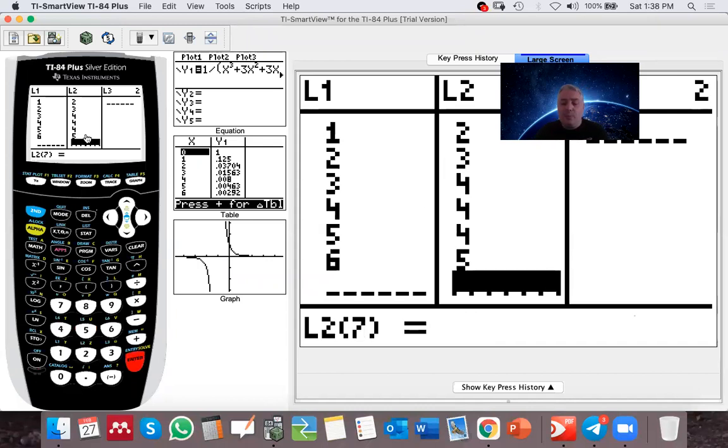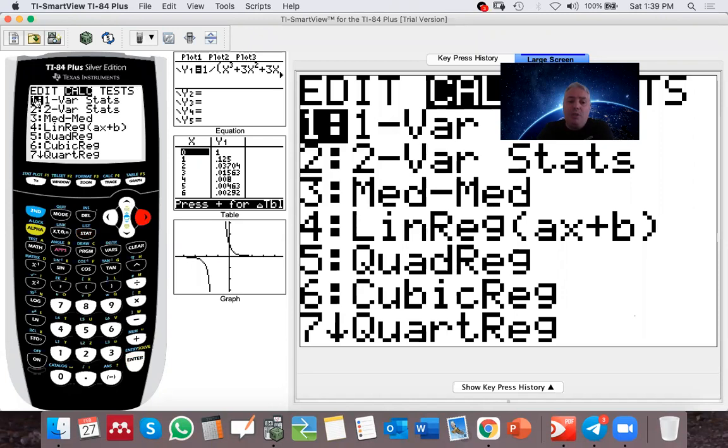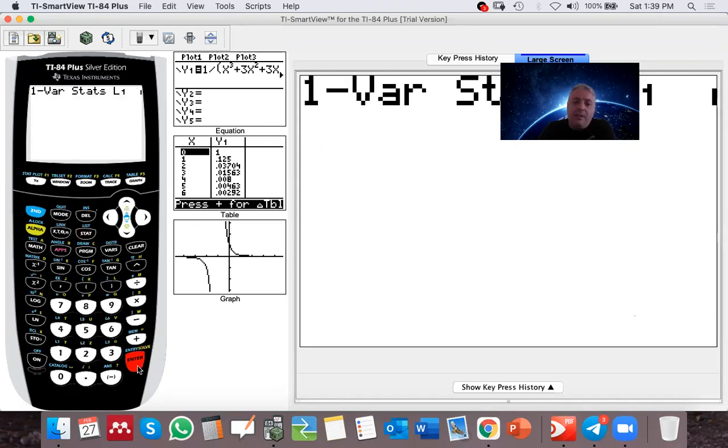Now, when you put the data, we press the stat button, and then we come here to CALC. I am choosing the first one, which is already chosen. Just enter. Now, which column? L1. Enter, enter, enter.